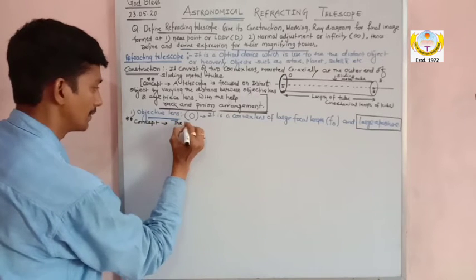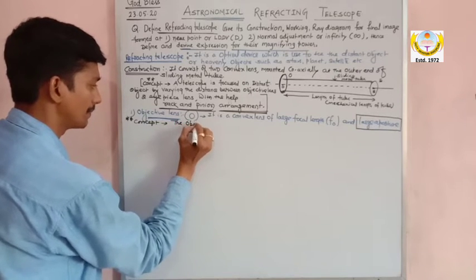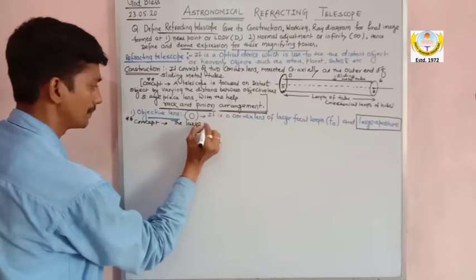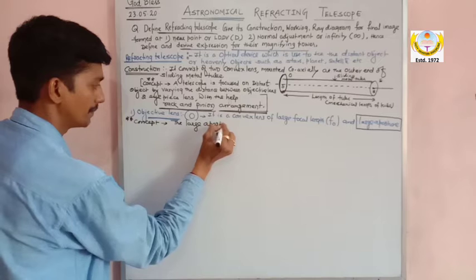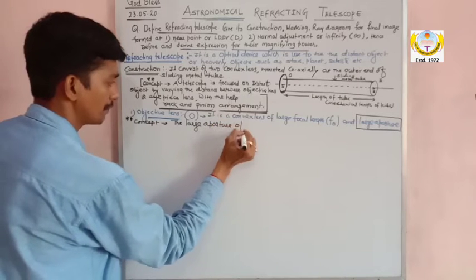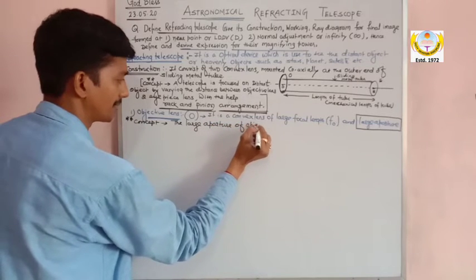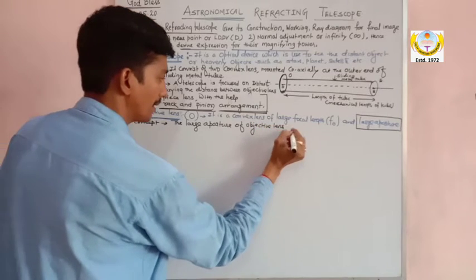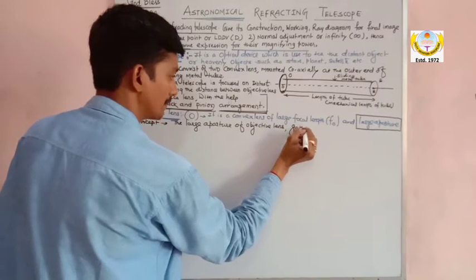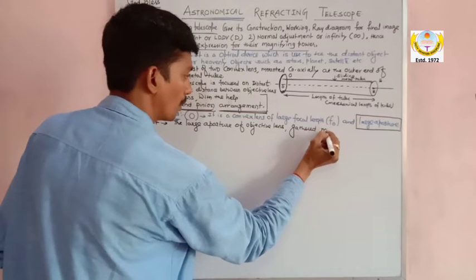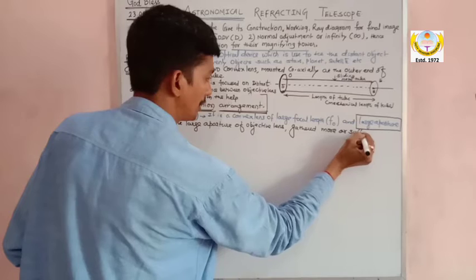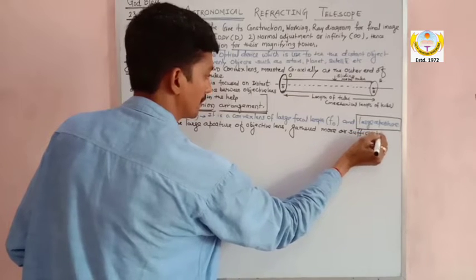The large aperture of the objective lens gathers more or sufficient light.